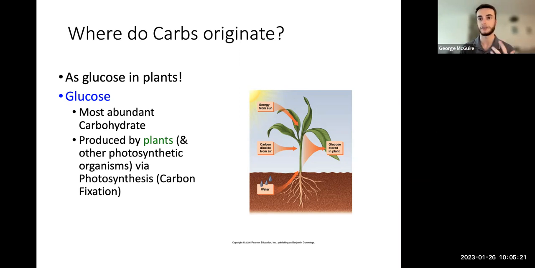Then glucose can be converted into other sugars like fructose and galactose, and combined with other sugars to make the various larger polymers that they use in different ways. They can be simple, as monosaccharides like glucose, or complex, like larger saccharides such as starch or cellulose, to perform different functions.